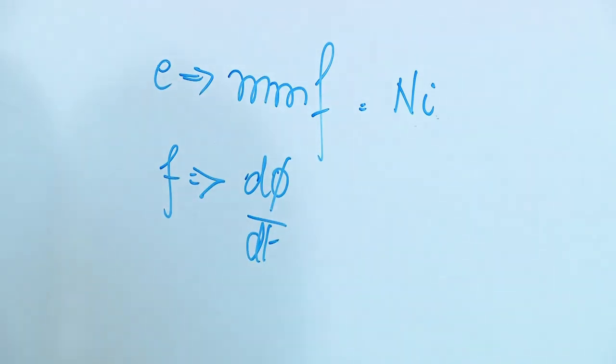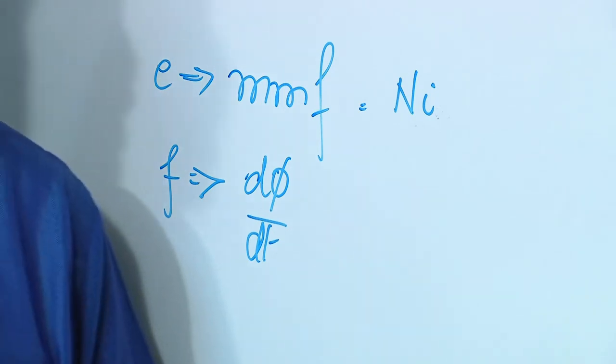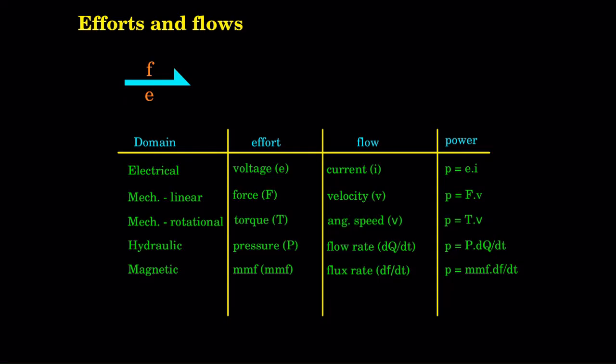Remember, because it is MMF into d phi by dt, I put d phi by dt here, d phi by dt will give you power, right.